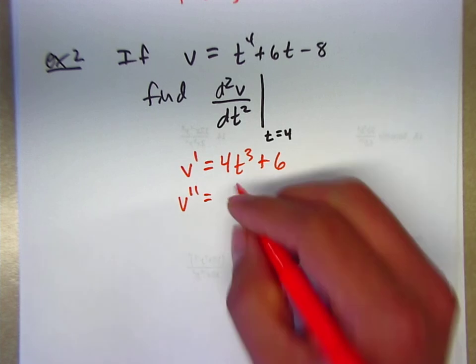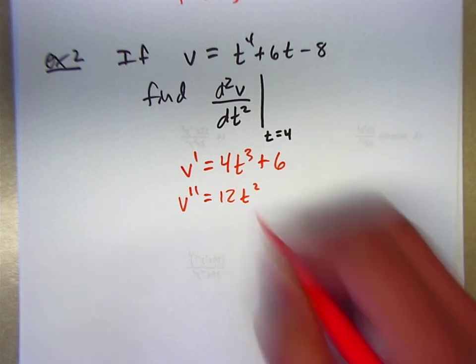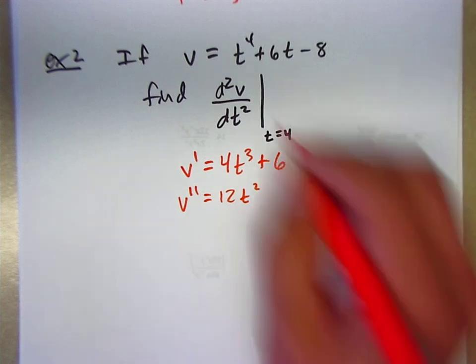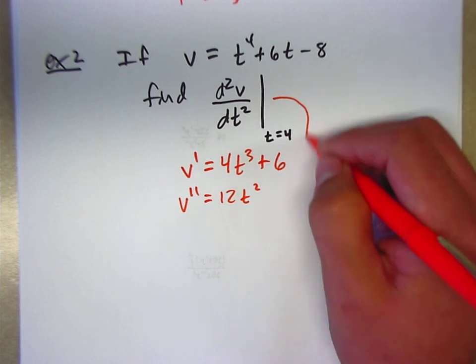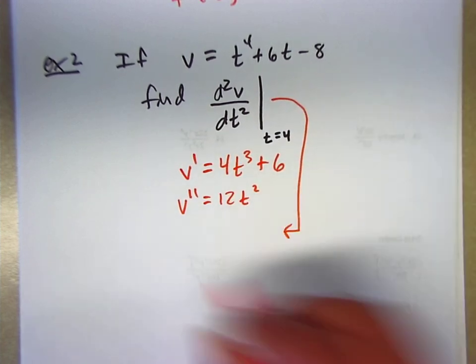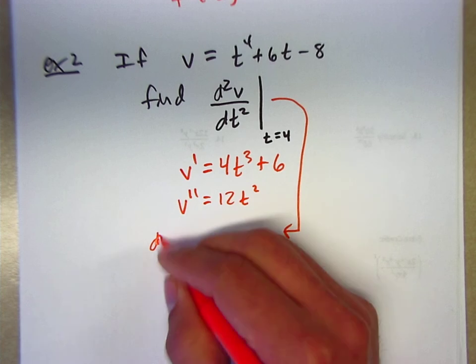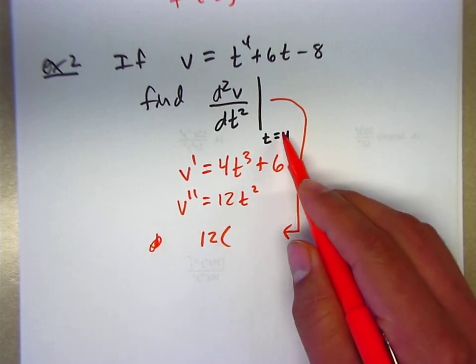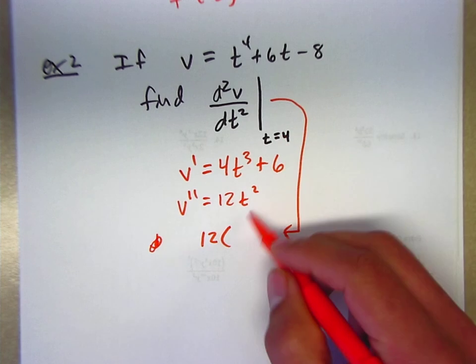Twelve t squared. Very good. And now finally, to do this, you're just going to plug in, sorry, you're going to do 12 times 4 squared.